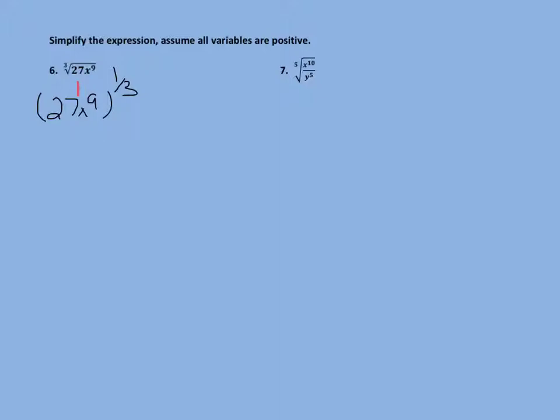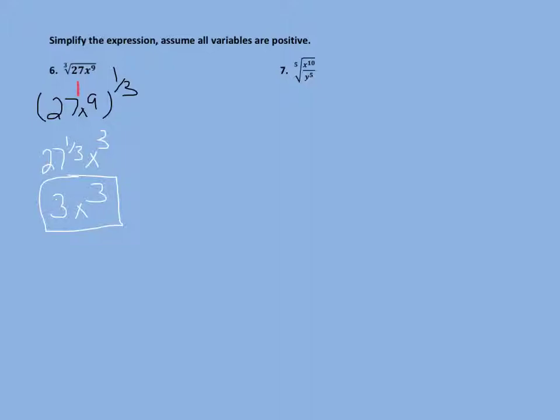So now if we distribute this, you would have 27 to the 1/3 times x. Well, what's 9 times 1/3? 3. Cube root of 27, because that's what 1/3 means, is 3, so I get 3x to the 3rd. Okay?